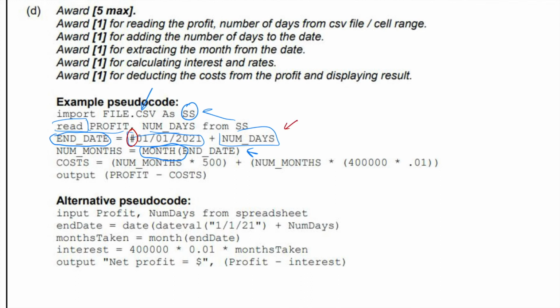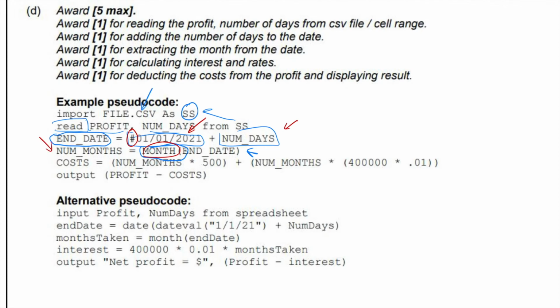Our result is going to be the date data type. So end date is actually just going to be another date that looks like this right here. Now, you get number of months by using a month function that we haven't ever heard of before. And then we're going to put our end date in there. And then that's going to tell us the number of months from the beginning of the year until this end date. So we get the number of months.